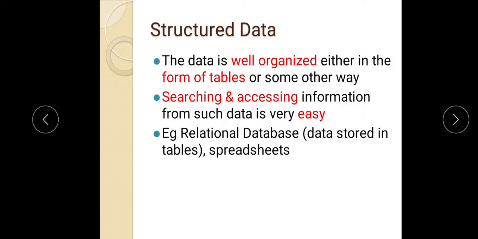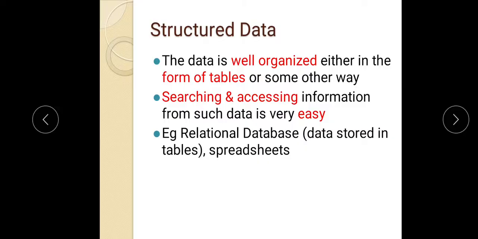The example of such structured data is a relational database. A relational database is nothing but the data stored in the form of tables. Now, a spreadsheet is another example of structured data.